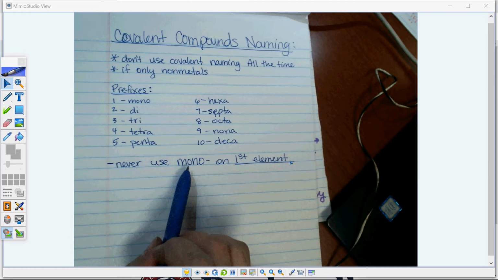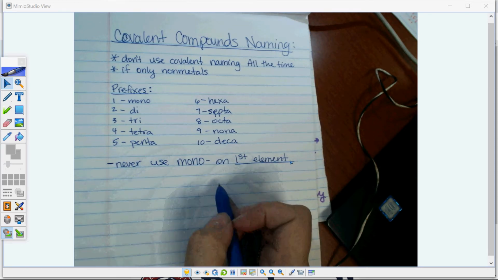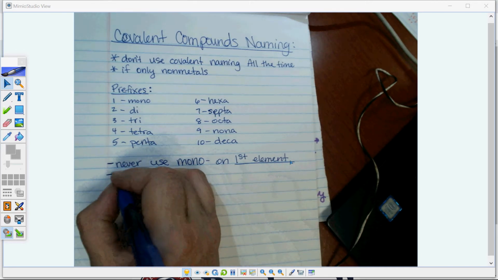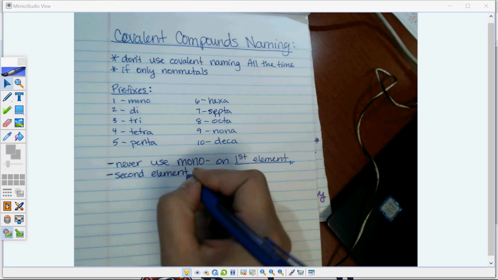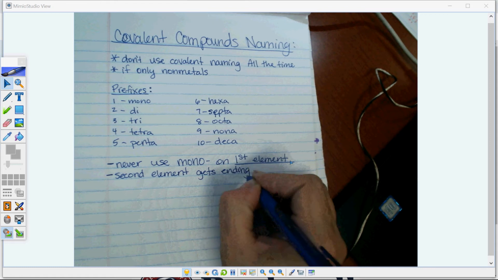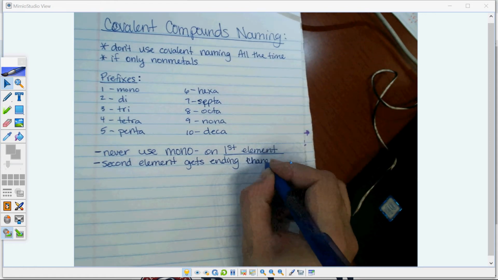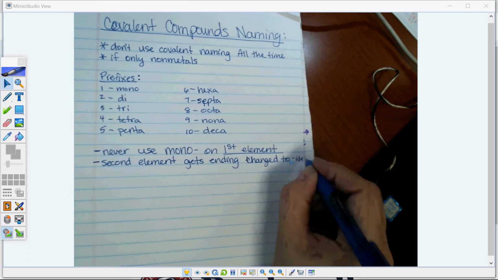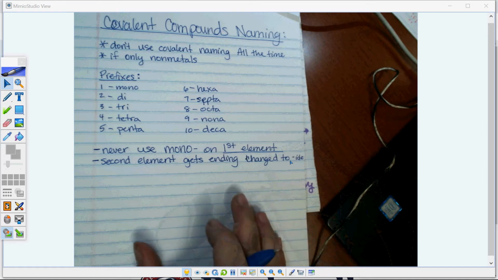You would use mono on the second element if the subscript is 1. And then the other rule that goes along with this, the second element gets the ending of its name changed to "ide," I-D-E. So you'll notice that it's always got an IDE at the end.